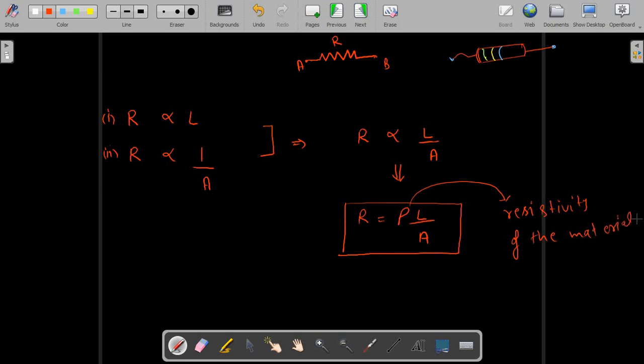So the formula is R is equal to rho L by A. This resistance or resistivity value changes according to the temperature. Getting my point?